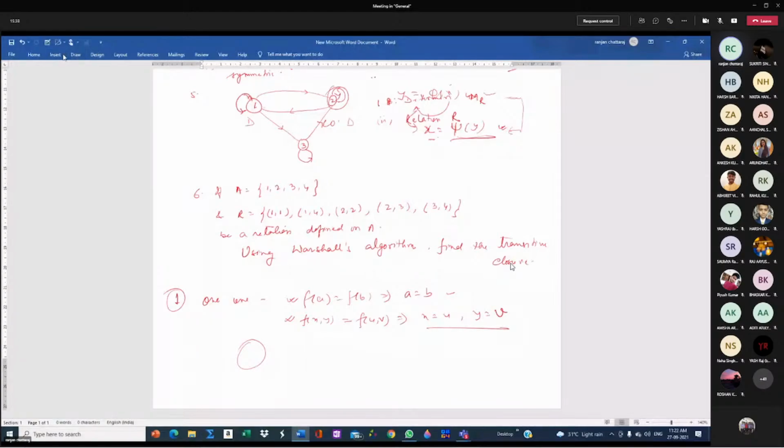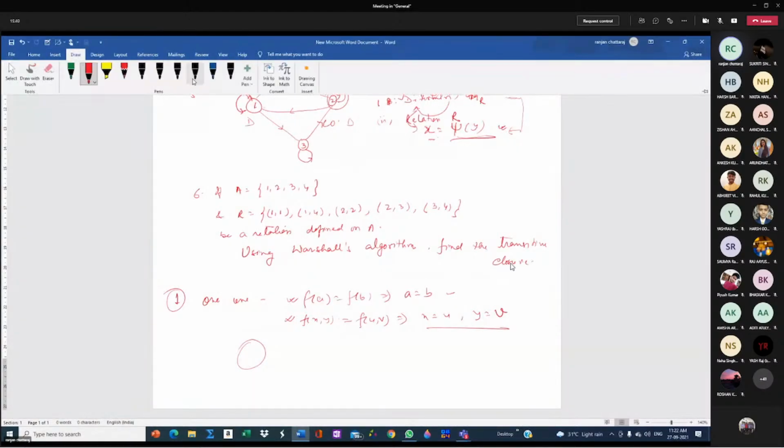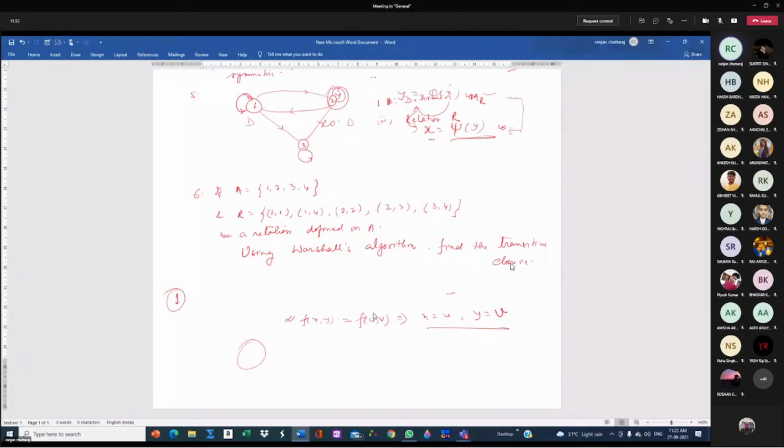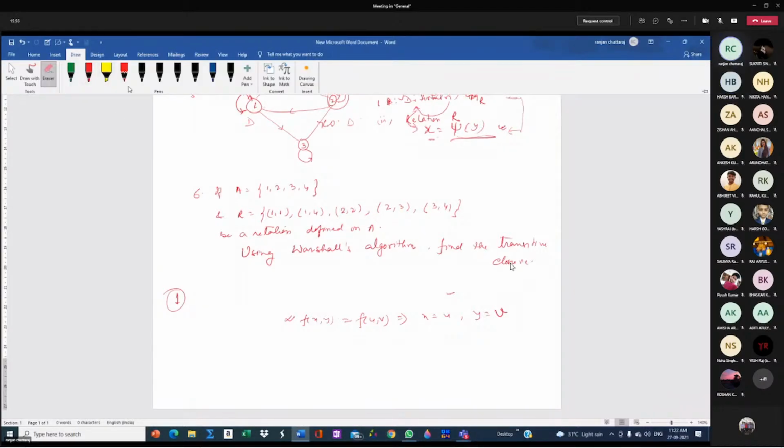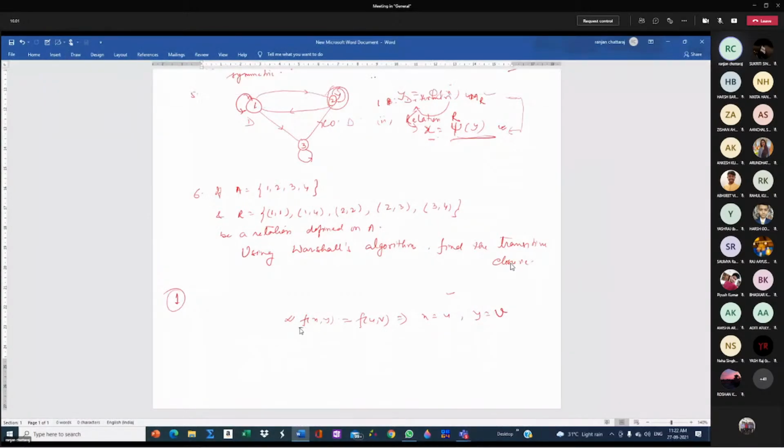So let me write it. So you see here, suppose this is bijective, sir. Okay, so suppose this is equal to this. Now if this is equal to this, and if it is possible to show that, that means it is 1-1.